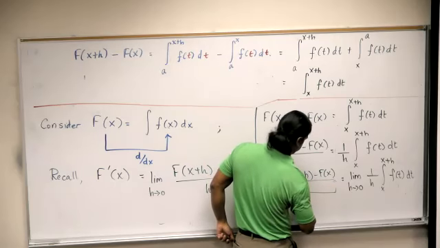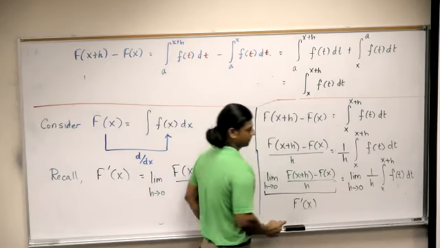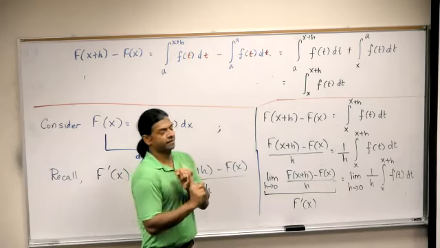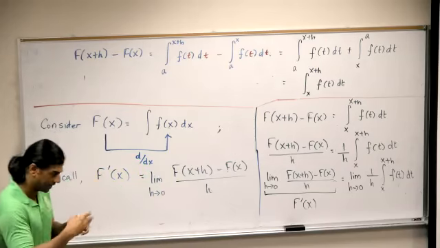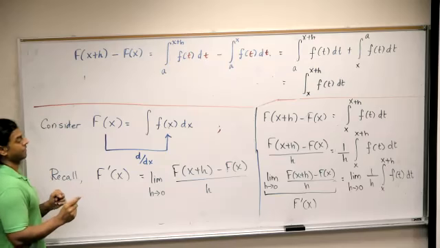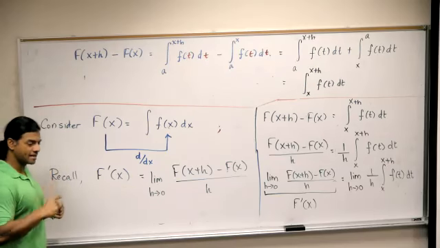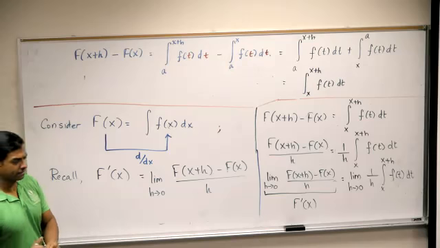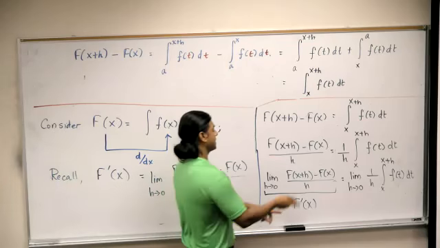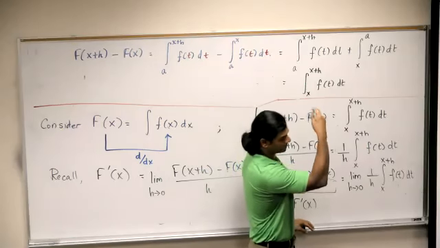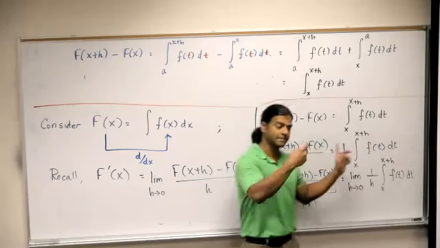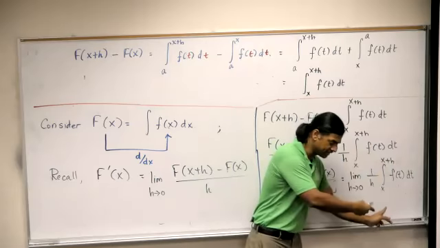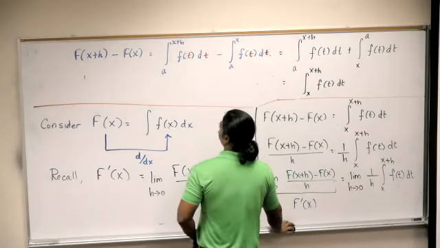Keep in mind uppercase F of x is also called the accumulation function. That is the derivative of that accumulation function. The derivative of this from 4.9 would be f of x, because the derivative of the antiderivative is f of x.